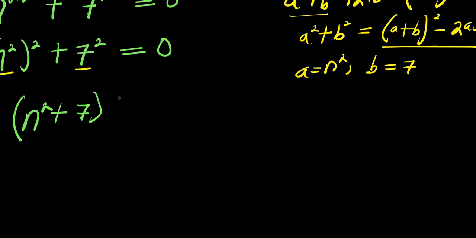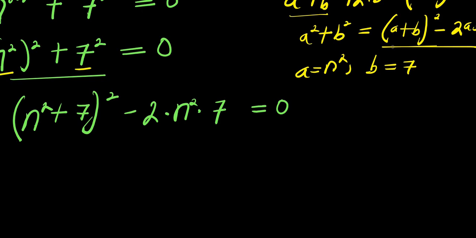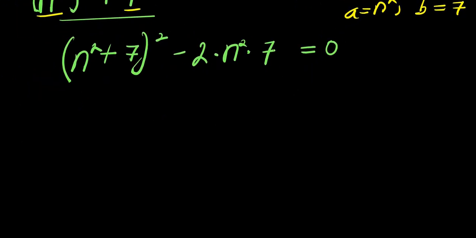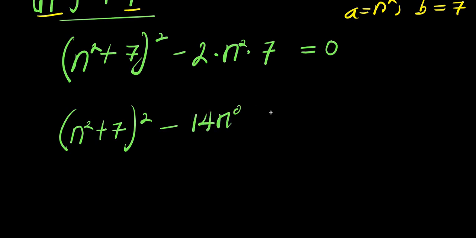This is power 2 minus 2 times a, that is n squared, times b, that is 7. And this equals 0. We have just expressed this using this identity. So from here, we have n squared plus 7 to the power of 2 minus 14 n squared, and this equals 0.